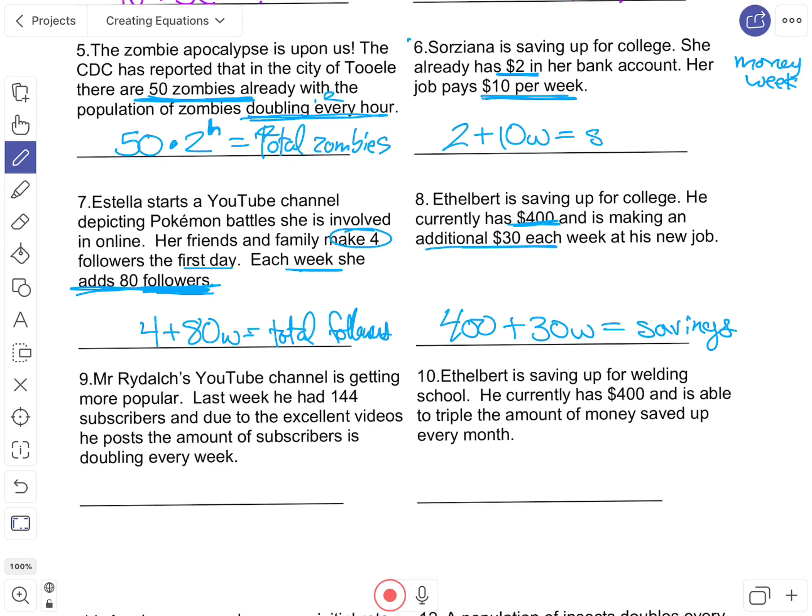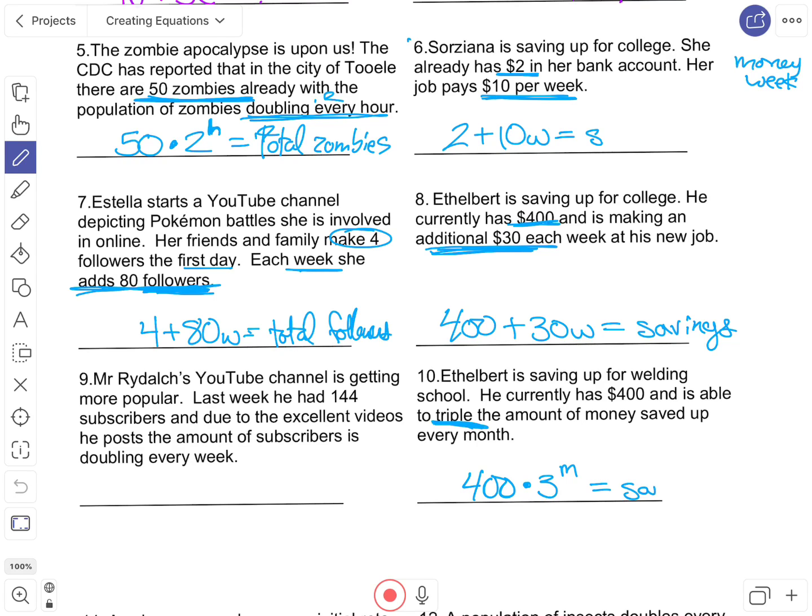Let's jump down to number 10 now, because this one's kind of a similar one, and I like the comparison. So we've got Ethelbert is saving up for welding school. He currently has $400 and is able to triple the amount of money saved up every month. So now instead of just 30 getting added, we're tripling it. So we start with 400 again, but tripling means timesing by 3 every month, okay?